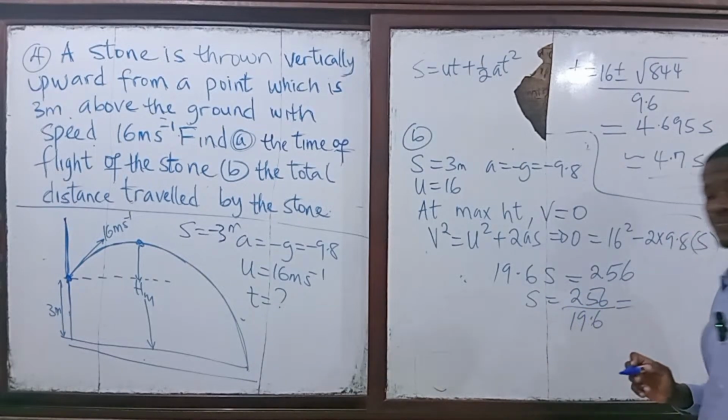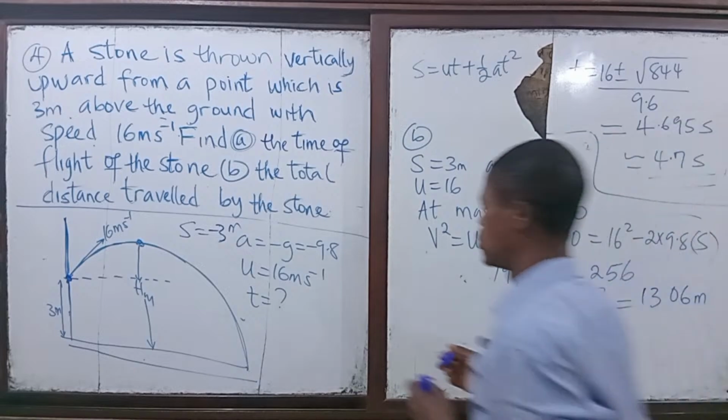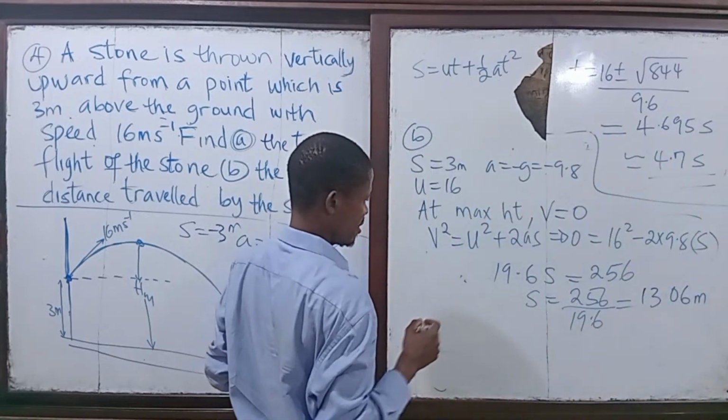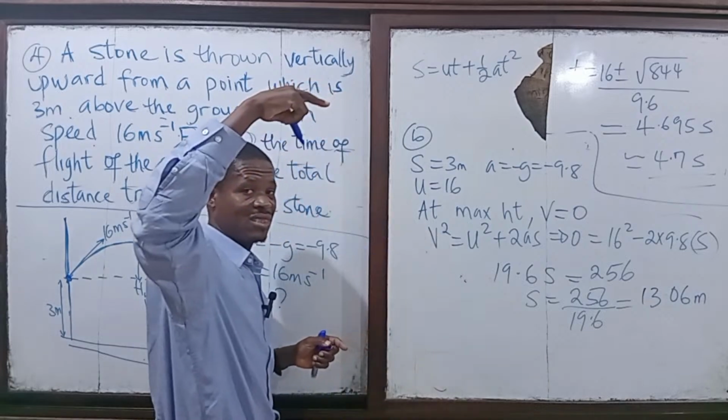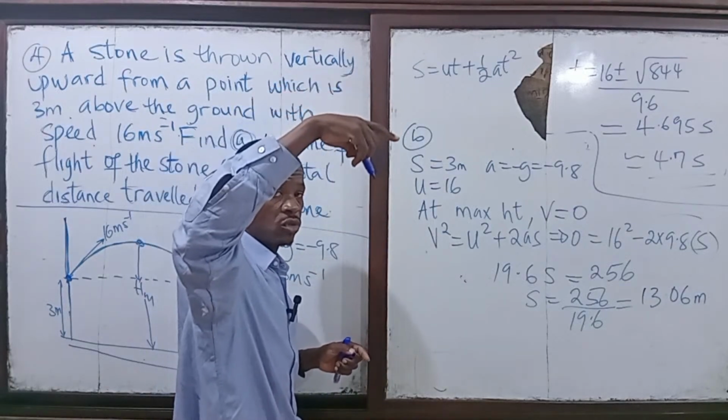So calculator. This distance is just the distance it takes to get to the peak of the motion.